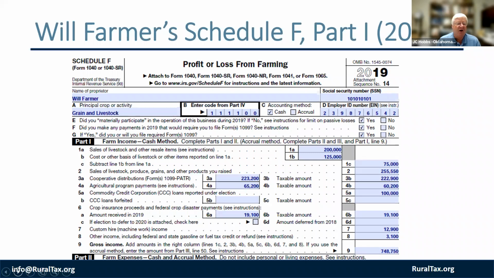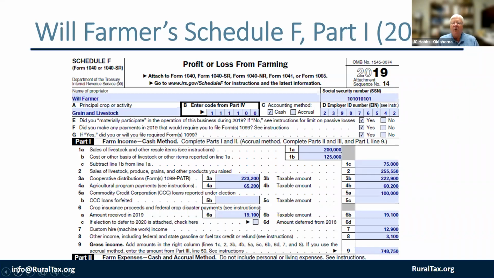So we're throwing out part 2. We're only looking at part 1, lines 1 through 9 for the application. Now, as I mentioned earlier, we'll do it again later on. I'll show you how these 9 lines also fit into the determination if you're accrual-based accounting.